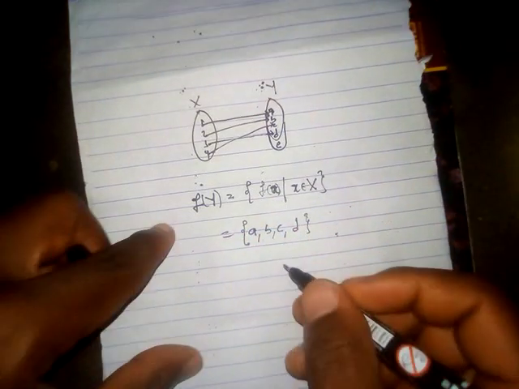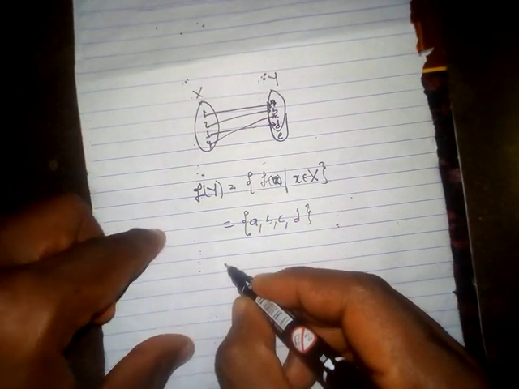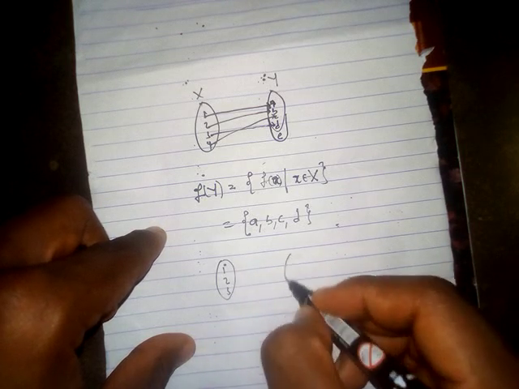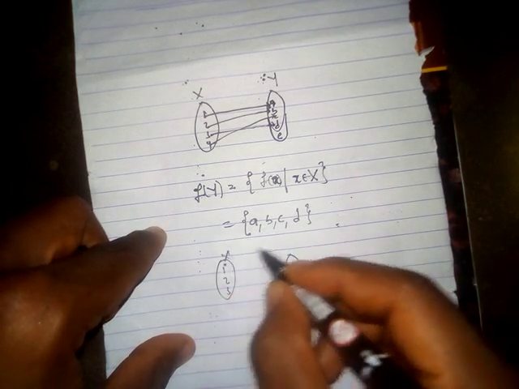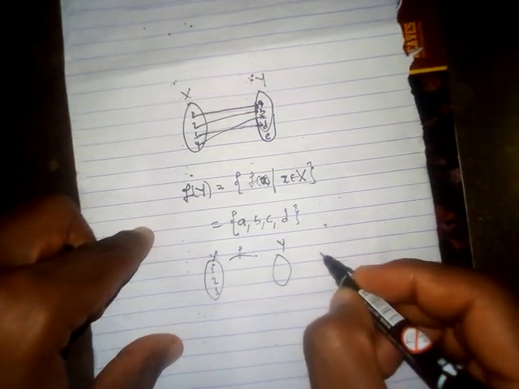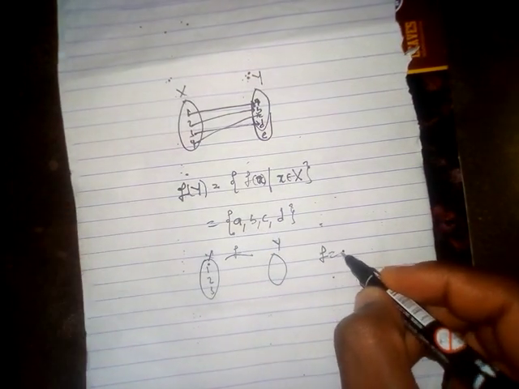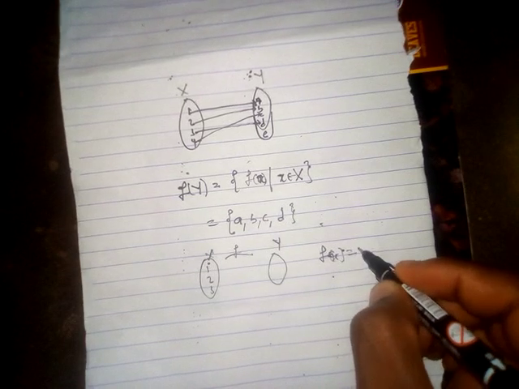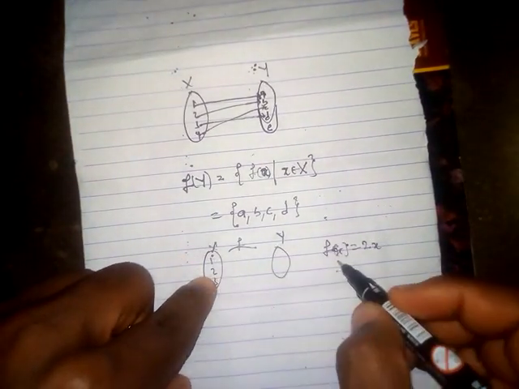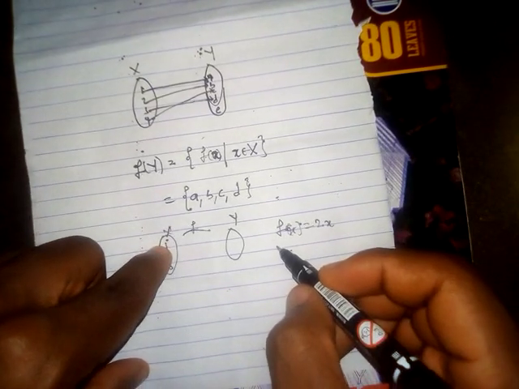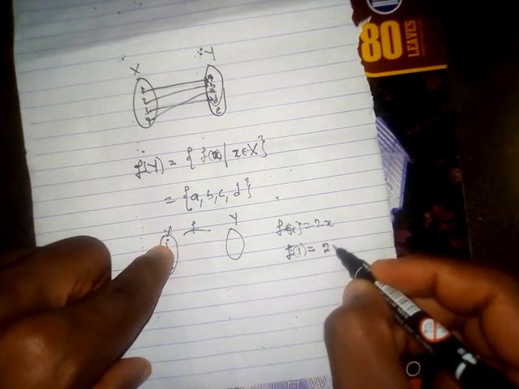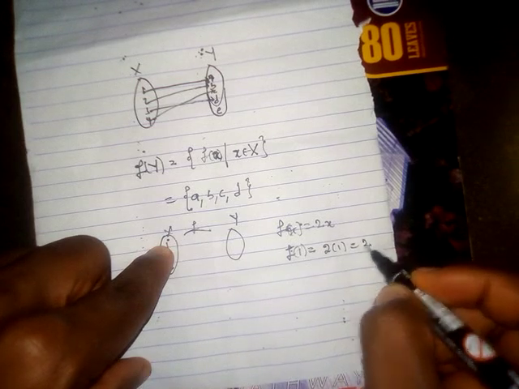A typical example is, let's say we have a set of values 1, 2, and 3. Let's have this as set x, and set y. Let's define our function f of x to be 2x. Now if x is 1, then f of 1 is simply 2 times 1, which gives us 2.